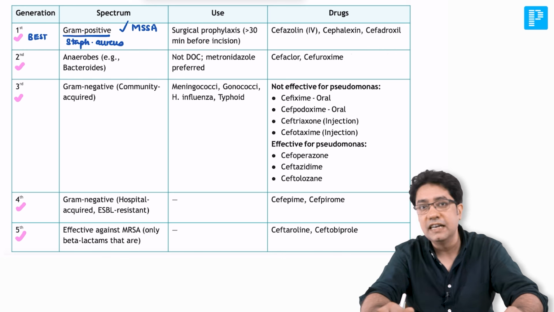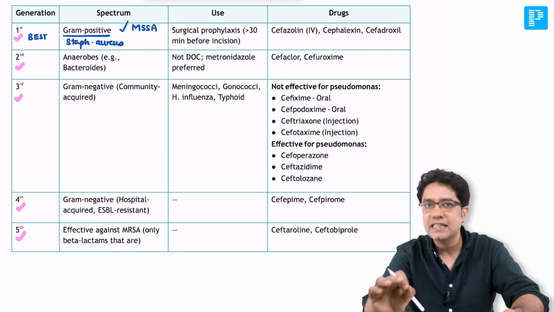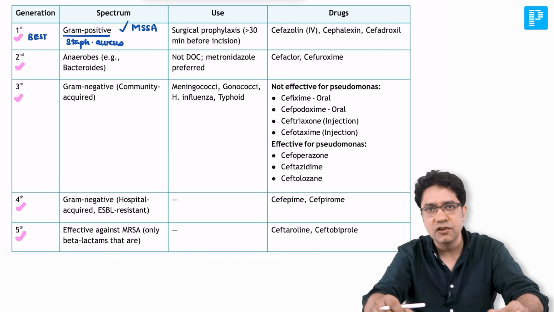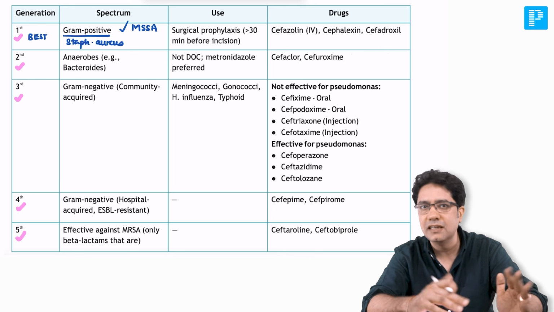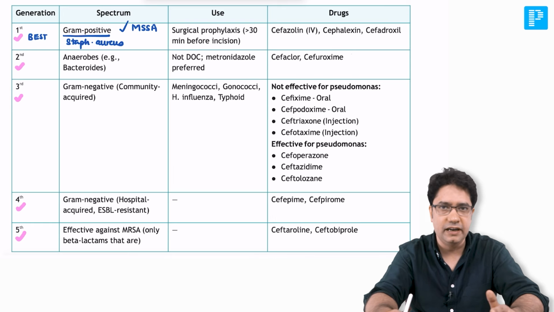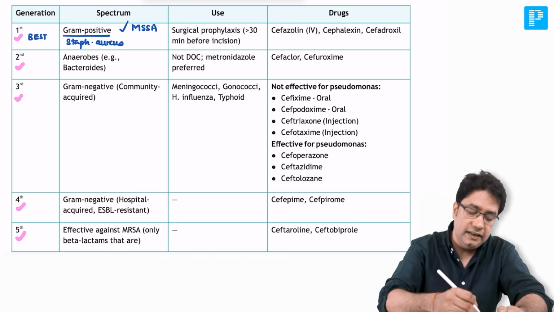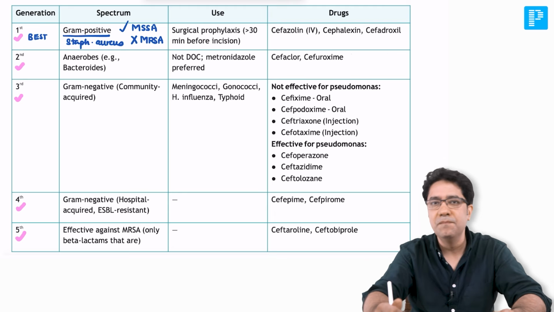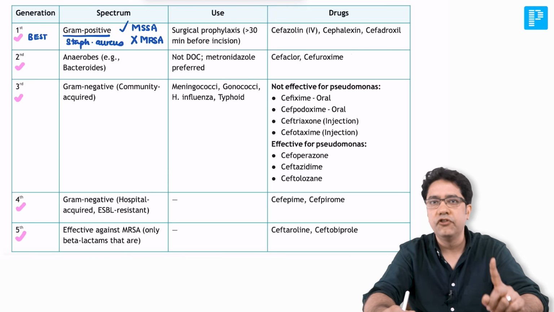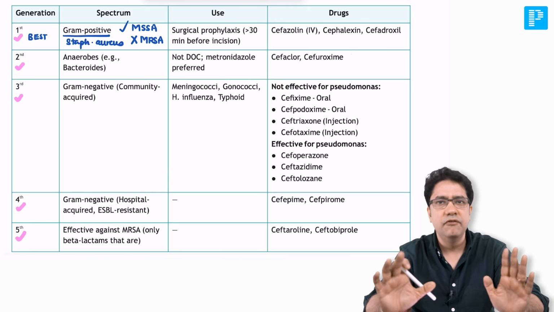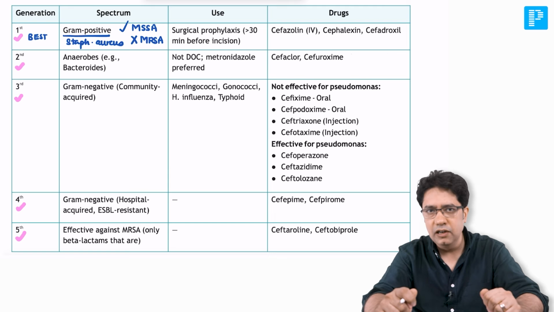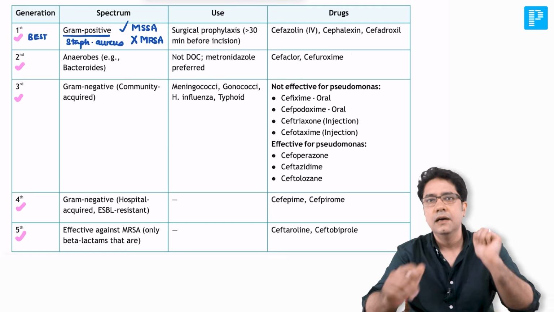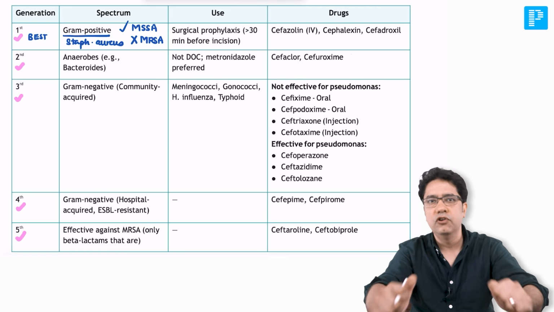MSSA, which stands for methicillin sensitive Staphylococcus aureus, against which certain penicillins like methicillin are also effective. But the point to be noted is that they are not effective against MRSA, which stands for methicillin resistant Staphylococcus aureus. So what is the use of first generation cephalosporin? Staphylococcus aureus is commonly found on skin.